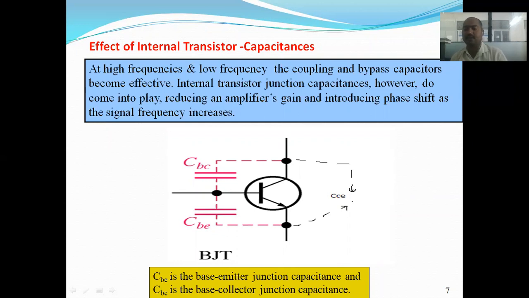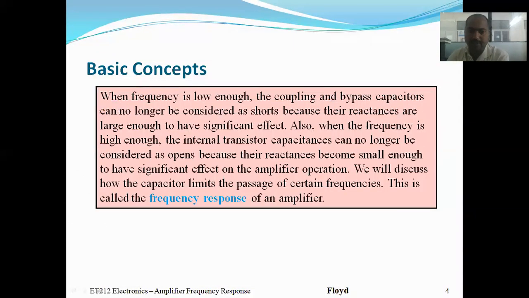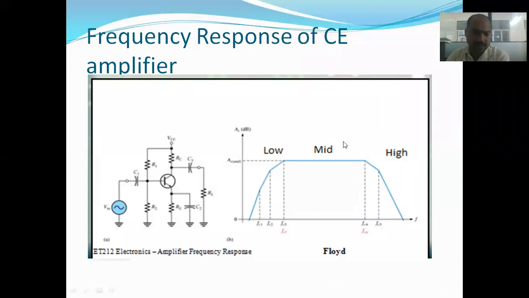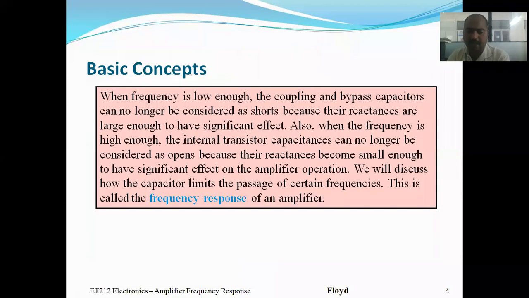One is the capacitors externally connected. See, C1, C3 and CE, these are called C2 or CE, right? These three capacitors are the external capacitors, meaning capacitors externally connected to the common emitter configuration, right? As well as there is another type of capacitors.